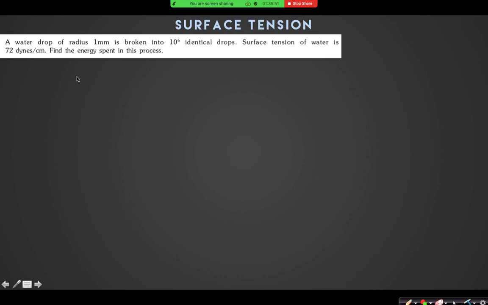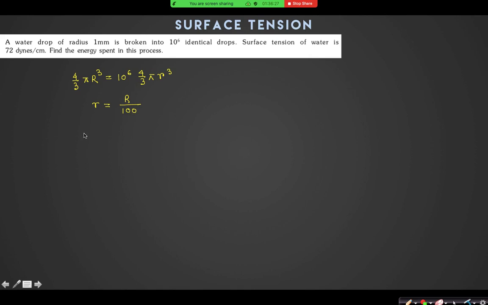So if each small drop has a radius small r, then I can write 4/3 pi capital R cube is 10 power 6 into 4/3 pi small r cube. So small r is equal to capital R divided by 100, right?